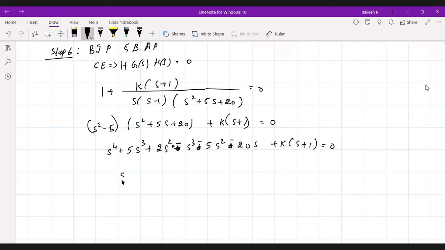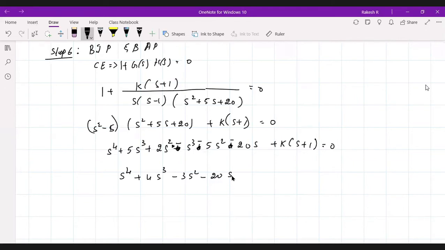So this becomes s raised to 4 plus 4s cube, and 20 minus 5 gives plus 15s square, and minus 20s.